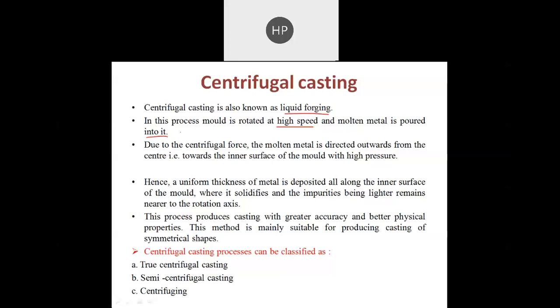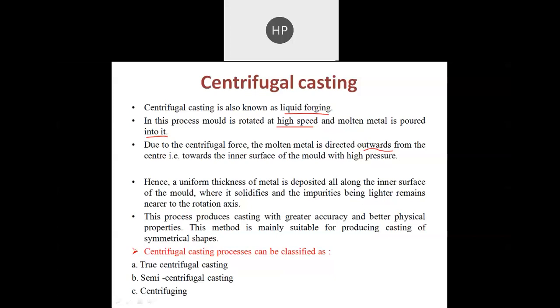As the cylinder is rotating at a very high speed, the molten metal comes under the action of centrifugal force, and due to that centrifugal force the molten metal is directed outward from the center, toward the outer surface, and that's why pressure is generated. That is generally known as centrifugal casting.